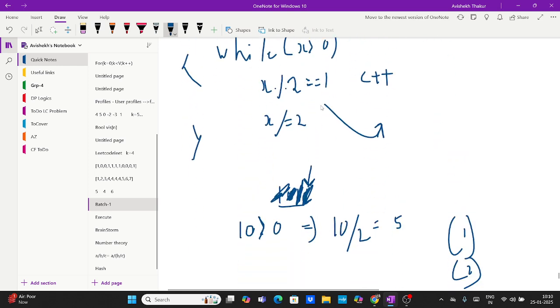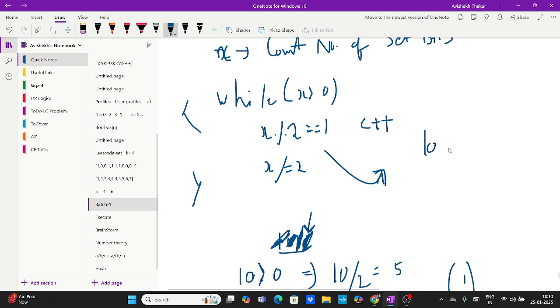Now, quickly, someone tell me the time complexity of this. Log n, log n to the base 2. Nice. Now, can you relate it with binary search and tell me why it is log n? Because it's reducing by half for every search, x equals x by 2 to the power n.